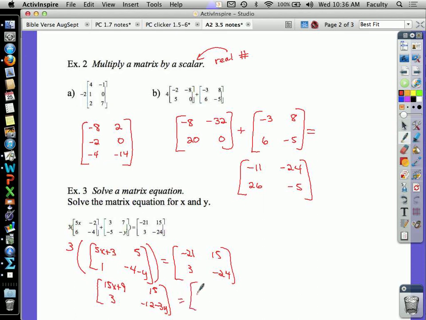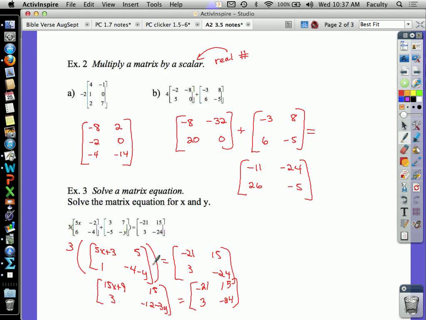There's my distributive property. Alright, so when you're trying to solve a matrix equation, you do need to follow order of operations. I added the 2 matrices, then did the scalar multiplication. Now what do I do? What do I know? Noah?